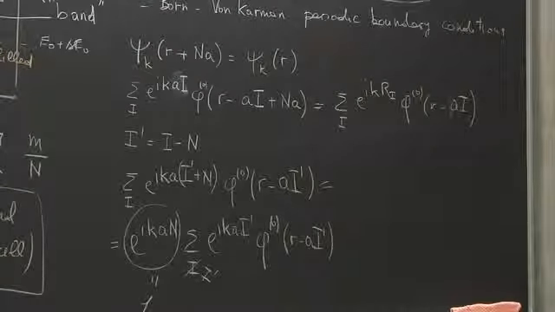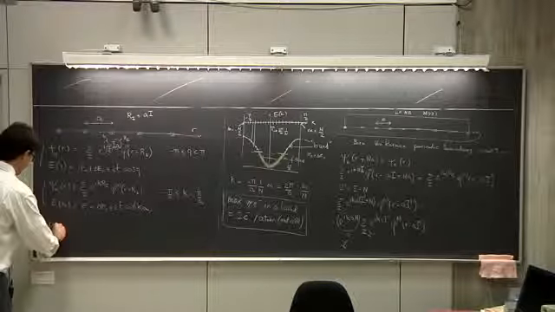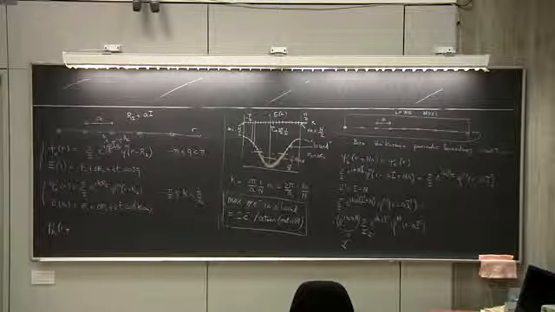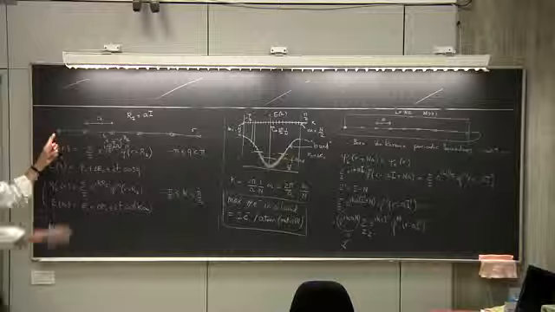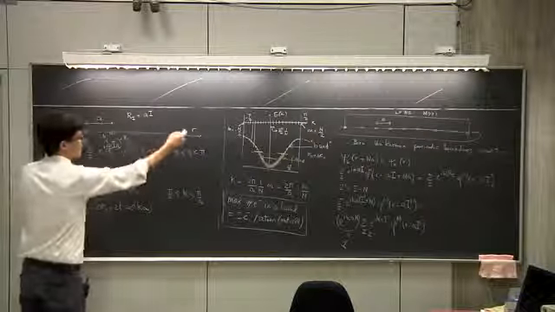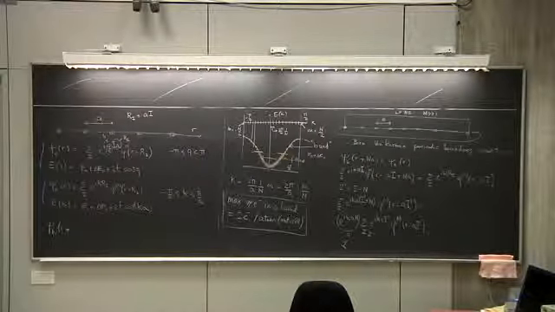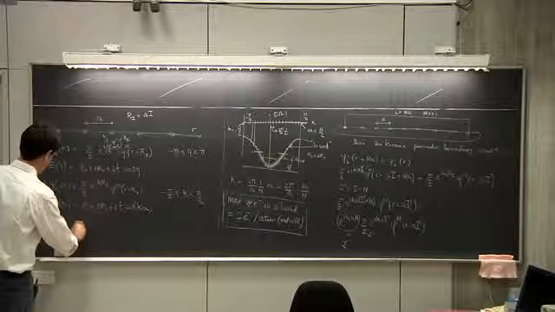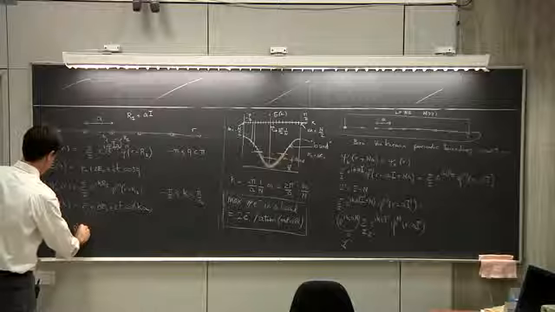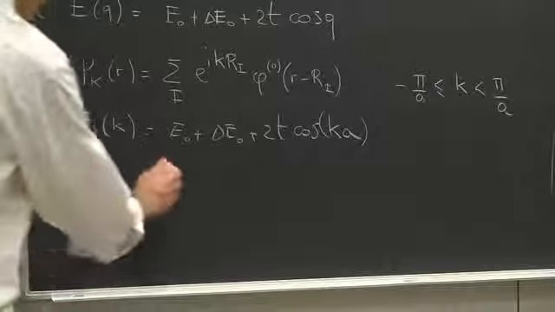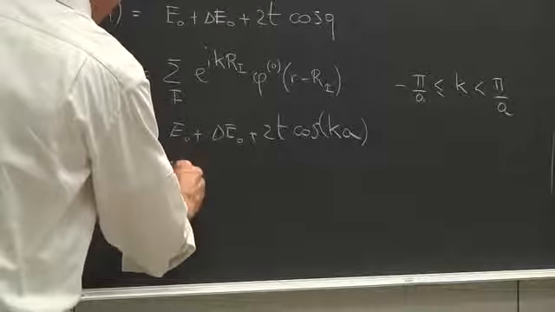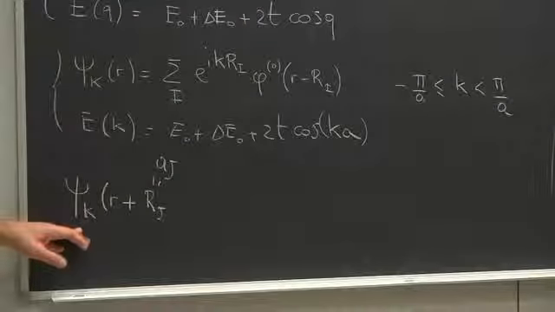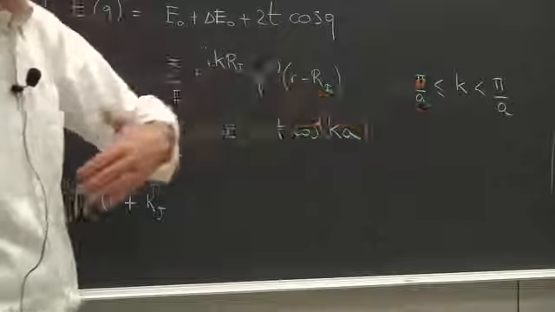So I take my wave function, and I translate it by an arbitrary repeat unit, an arbitrary one. So R_j, that is, we know, a times j. So I take my unit cell and I just translate it by some j units.